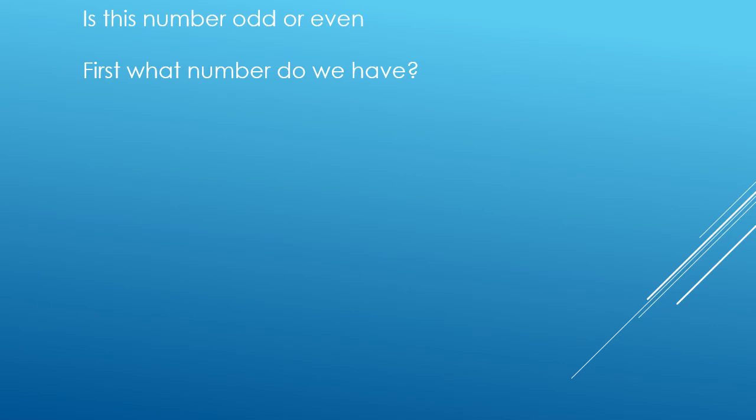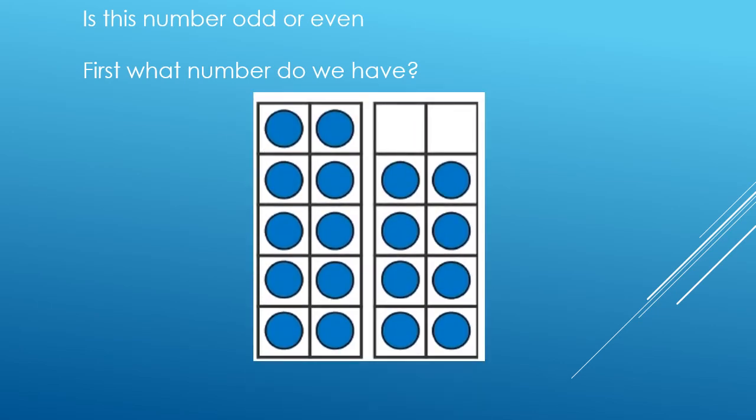Let's try another number together. First, what number do we have? We have a full tens frame, which means we have the number 10. And our second tens frame has 2 missing, so 2 less than 10, or we can count them. We have 8. We have 10 and 8. 10 and 8 put together makes 18.